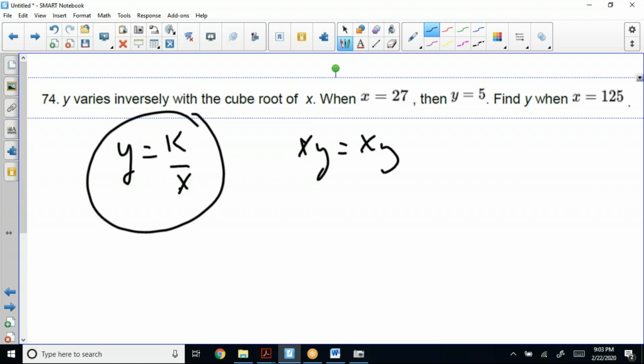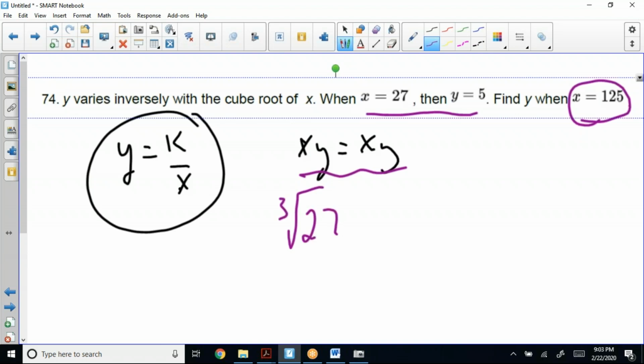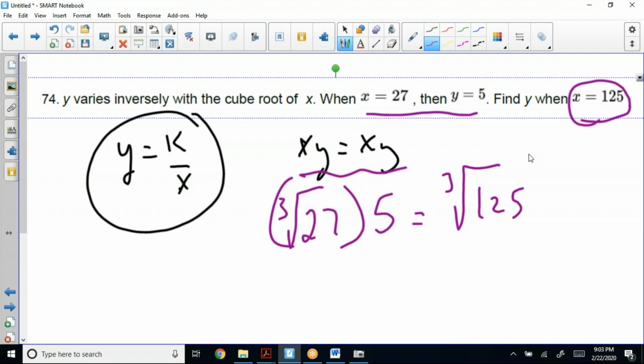But if you're given a set of points and then another relationship, then we're going to have to look at it in terms of this. So y varies inversely with the cube root of x. So it will be the cube root of 27 times 5 equals the cube root of 125 times y.